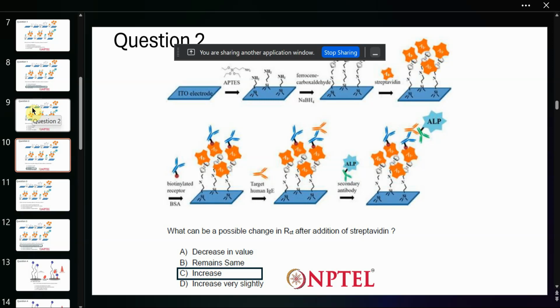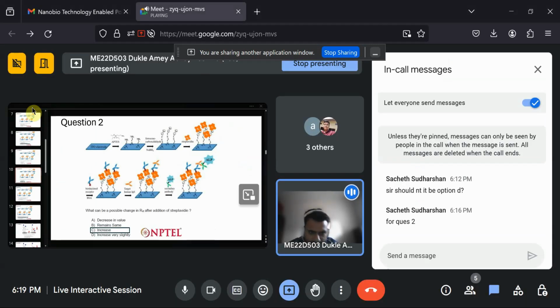So that is why here we are putting it as increases. That's why it is not option D. Do you understand that? Am I clear with that?